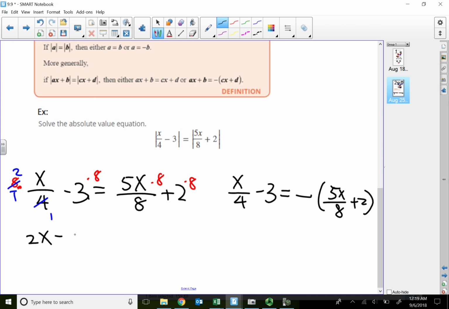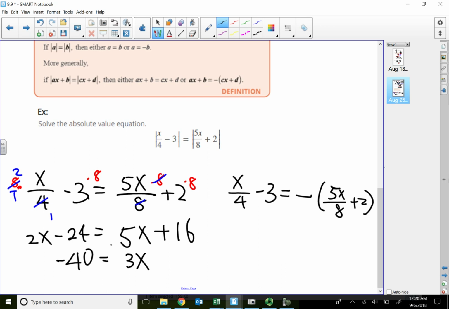Negative 3 times 8, negative 24. Set it equal to 8 on top, 8 on the bottom cancels out, is 5x, and plus 16. 2 times 8 is 16. Move the 2x over to the right, that becomes 3x, right? Positive 16 moves over, becomes negative. So negative 24 minus 16 is going to be negative 40.